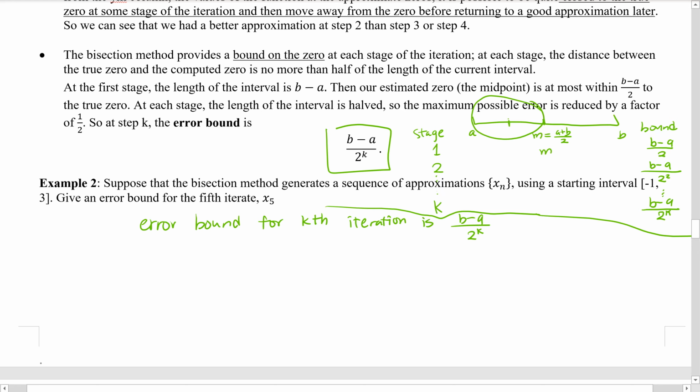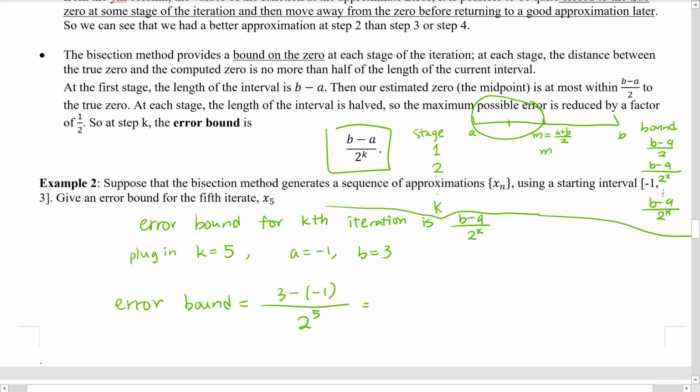We're looking for the 5th iterate, so we plug in k equals 5. Our interval is from -1 to 3, so a is -1, b is 3. Then the error bound is b, which is 3, minus a, which is -1, over 2 to the 5th.